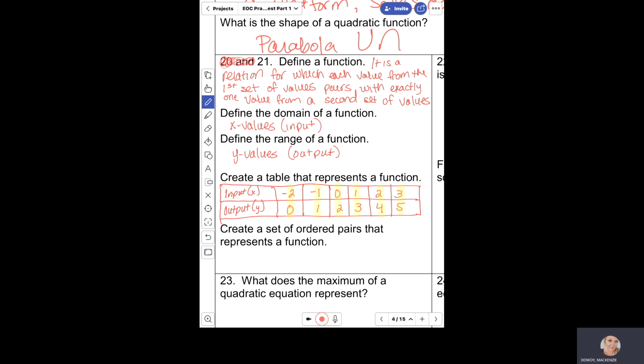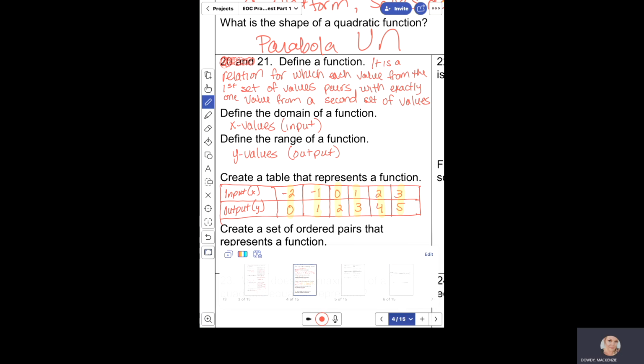So we have -2 and 0, -1 and 1, 0 and 2, 1 and 3, 2 and 4, 3 and 5.